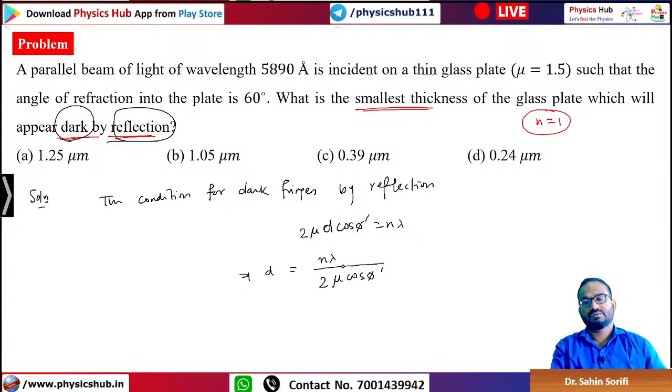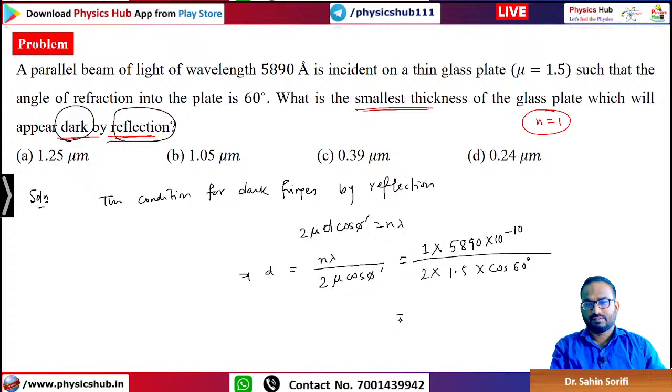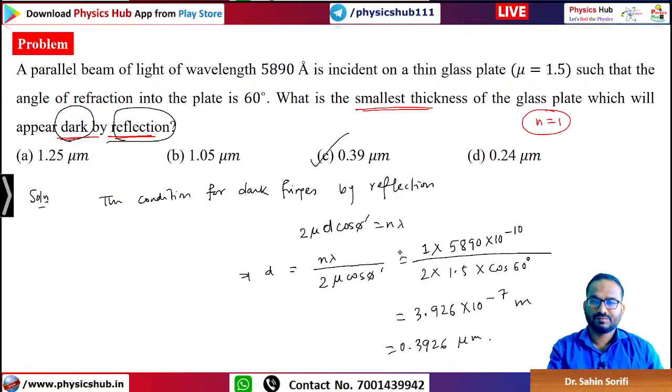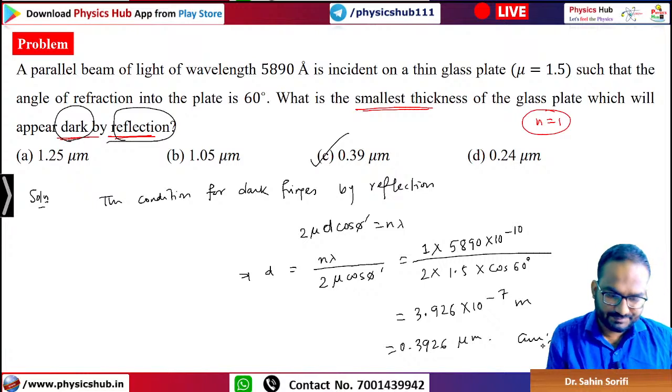If you take n equals 0, that will not work. So for the smallest thickness, we have to take n equals 1. 5890 times 10 to the power minus 10 divided by 2 into 1.5 into cos 60 degrees. This will give you 3.926 times 10 to the power minus 7 meter, so it is 0.3926 micron. Option C. Okay, very good.